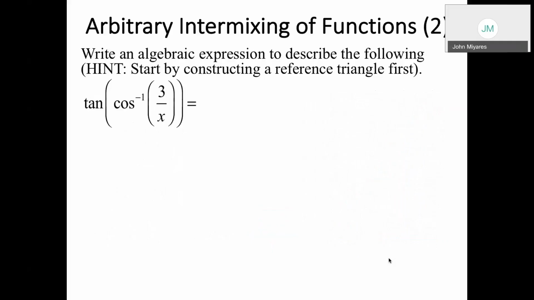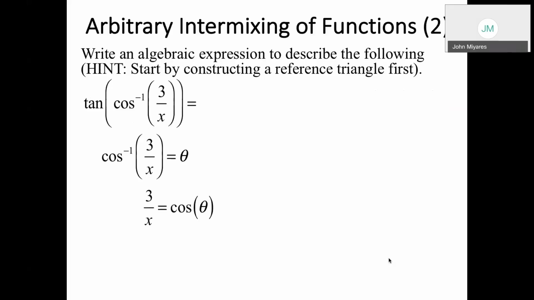Let's look at one more before we wrap this up, and perhaps you can try to do this one on your own. We want to find the tangent of the inverse cosine of 3 over x. Again, the inverse cosine of 3 over x is going to give you some angle theta whose cosine is 3 over x.